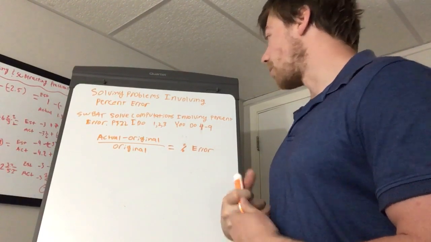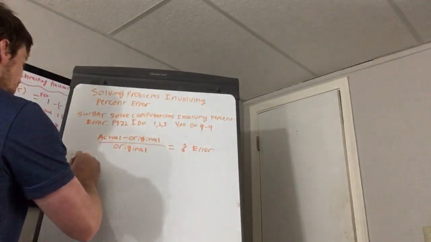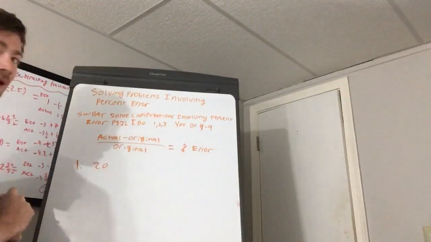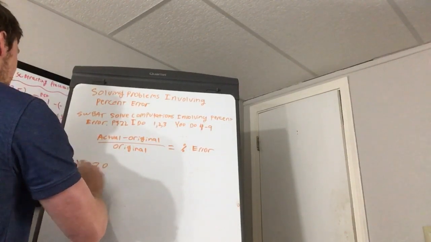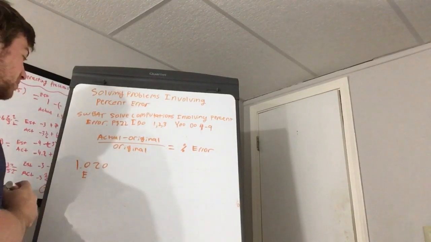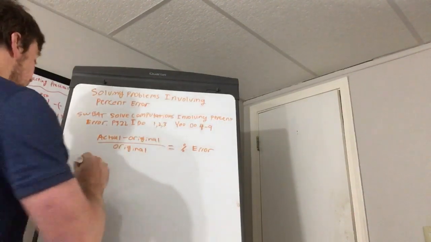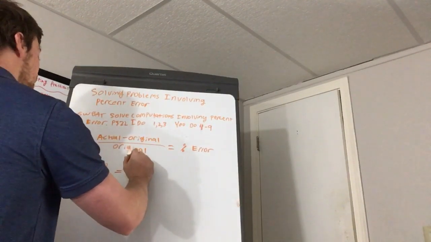Number 1 says the original amount is 20. The end amount, O and E, O for original, E for end, is 15. Now, plug it in the formula.